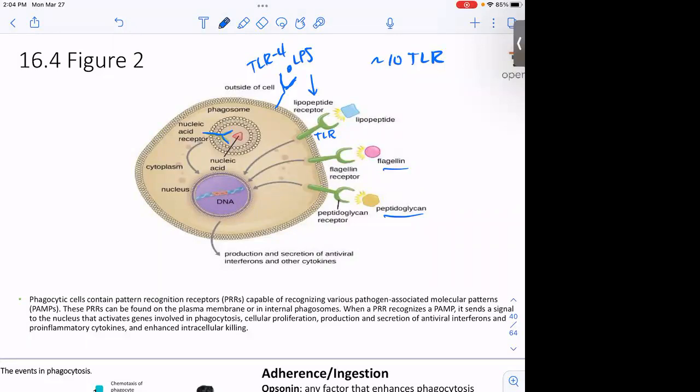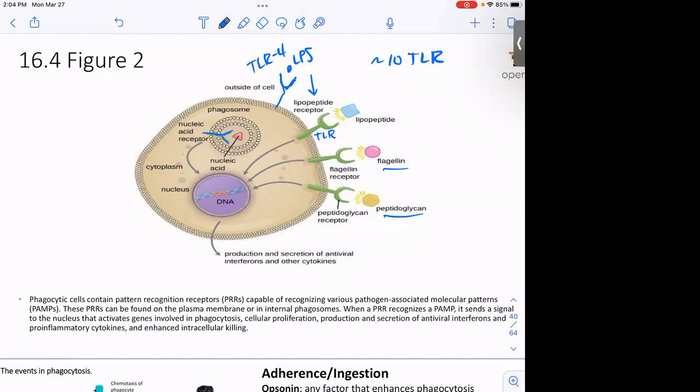So remember, once the pathogen is phagocytized, there are some that get expressed on the inside of that membrane. And then as the pathogen gets chewed up, there are some toll-like receptors that recognize things like double-stranded RNA or single-stranded DNA, things that would never be found in the host cell.